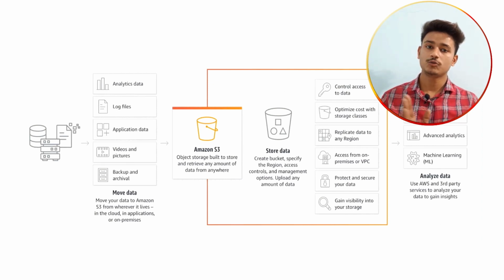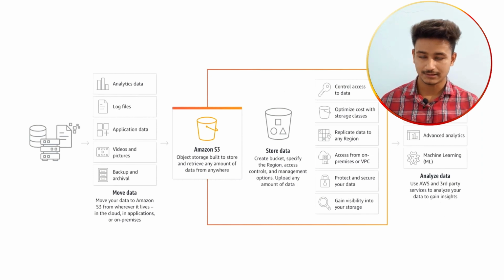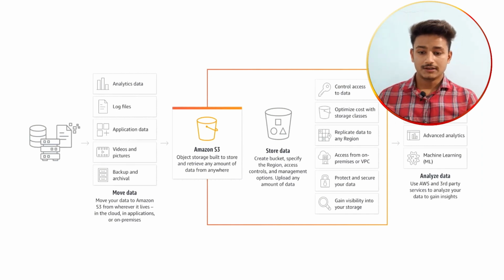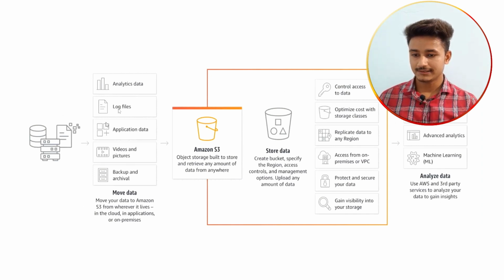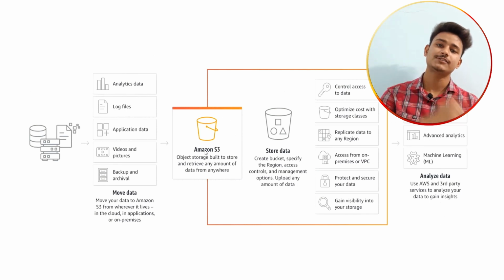So 100 times 5 terabytes of storage can be allocated to the Amazon S3 buckets. The flow is that this is the server where the data is kept, then it goes in the form of objects, and then the objects are stored in the bucket.